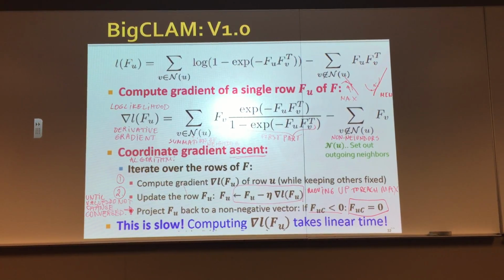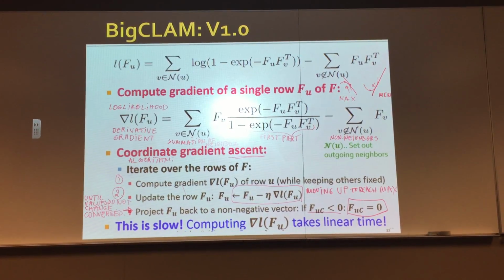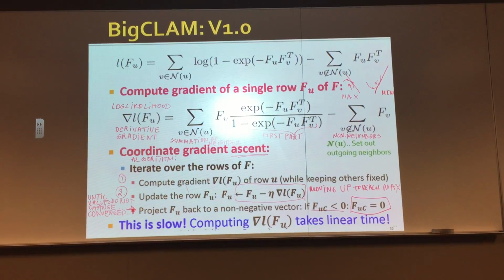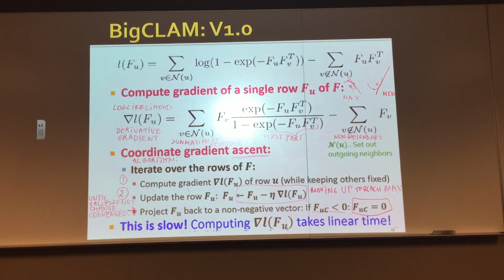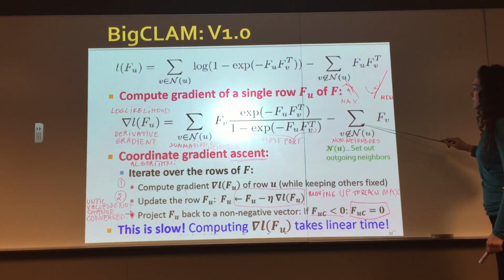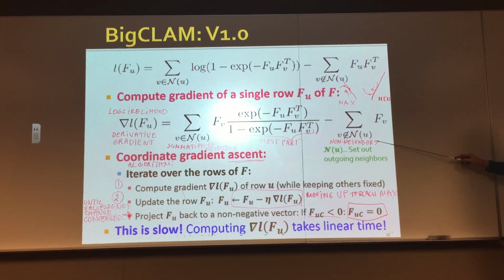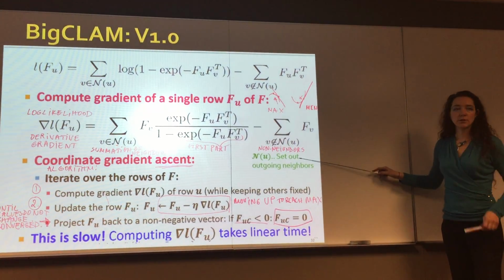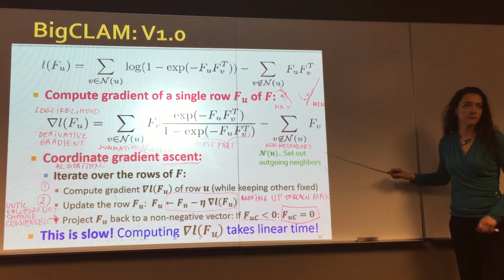Now, what we notice here is that this algorithm can be very slow, and the reason it is very slow is because we are taking a sum of the weights of all the nodes that are not connected to our node.